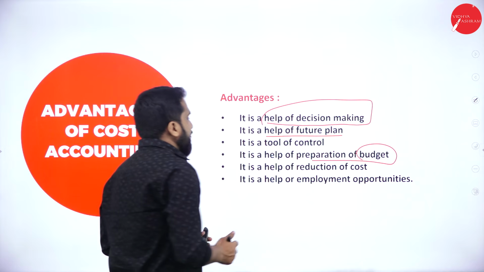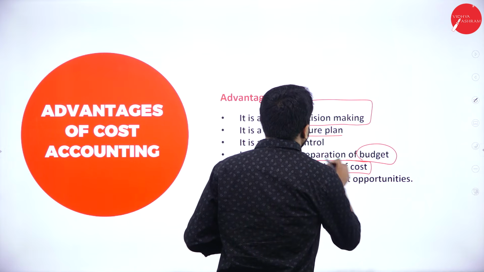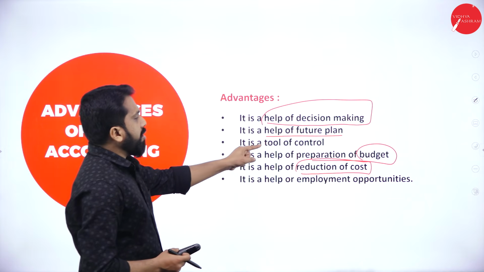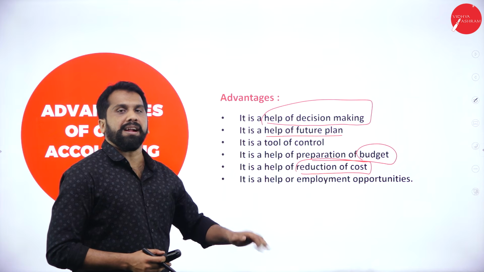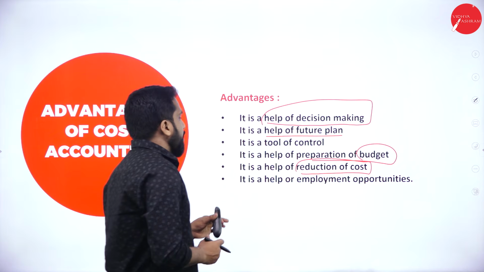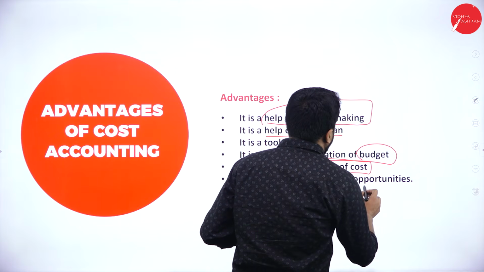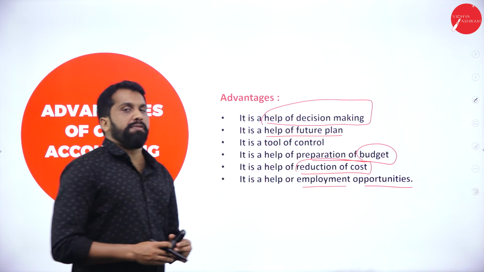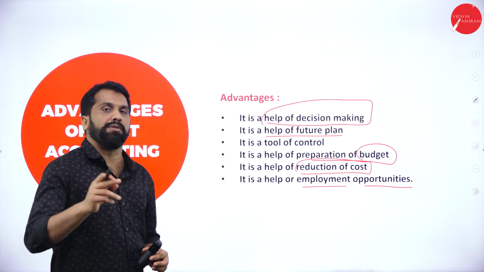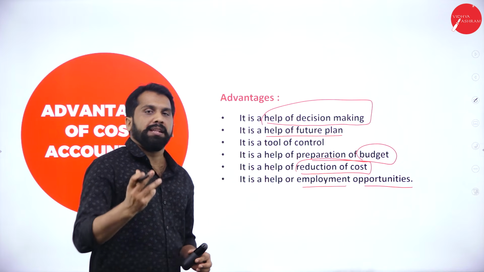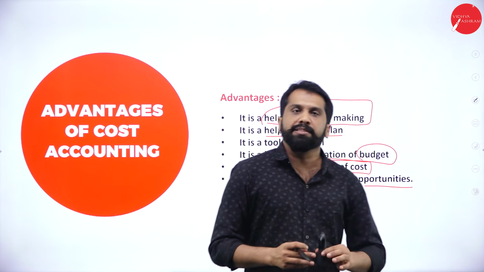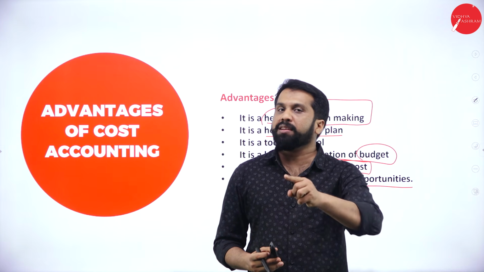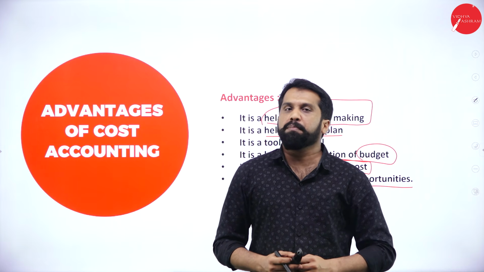Next, it helps in reduction of cost. Same thing, cost control as well as reduction of cost. Next, it helps employment opportunity. If you want to find out a cost, we need to appoint a few members like a cost accountant. So, we have to pay them. For them, it is an employment opportunity.